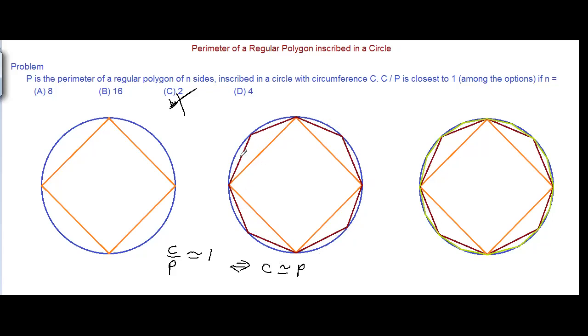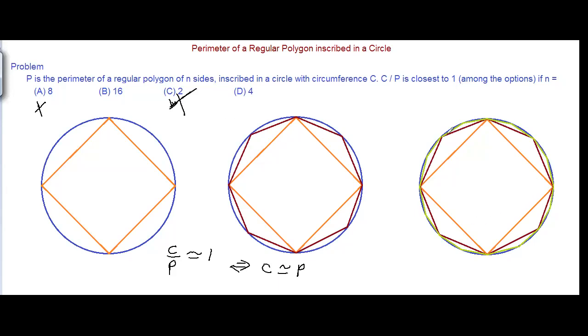Clearly, the perimeter of this polygon is greater than the perimeter of the square, but the perimeter of this polygon is still less than the circumference of the circle. So if we proceed, this was the 8-sided polygon.